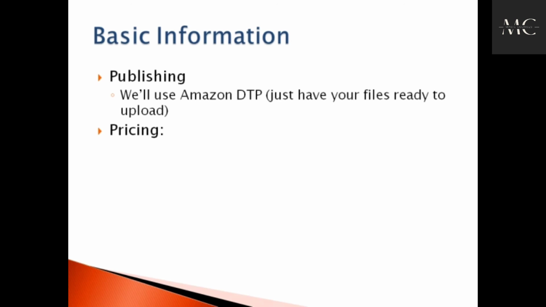Now, we recommend that you price it at about $9.99 or lower, because most of the Amazon Kindle ebooks are $9.99 or lower, and there are different pricing structures that Amazon Kindle gives you. There are actually 2 ways of making money, and I'll go into that a little further when I actually show you how to use the site.